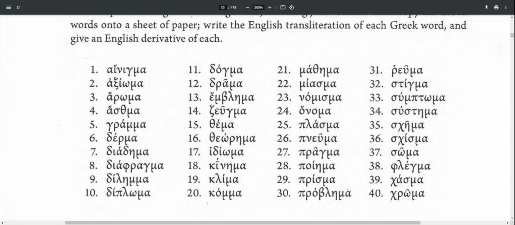It's easier to say phlegma, but you can try to say phlegma. 39, chasma. 40, chroma.